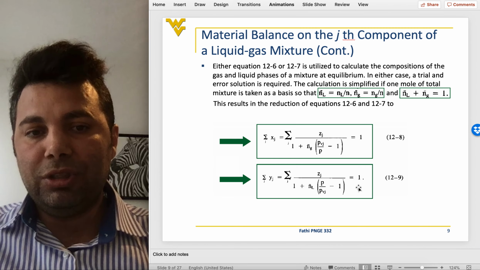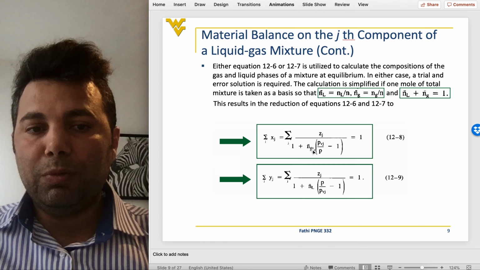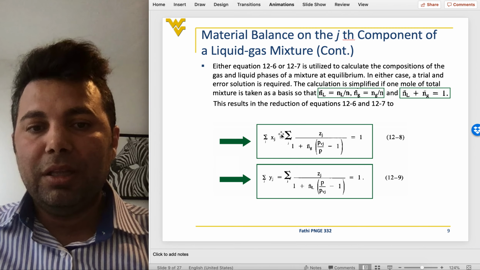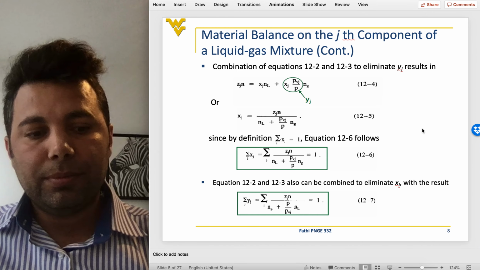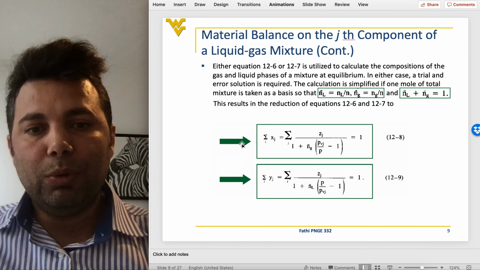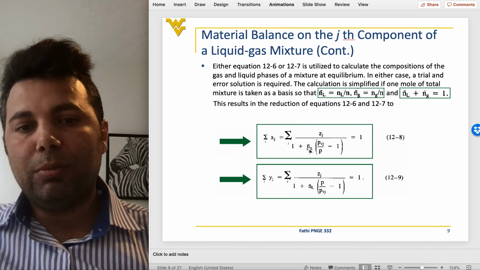If I have this, then I can find the mole fractions of the liquid, which for every component is equal to the composition of that component in the total mixture divided by 1 plus Ng times PV of that component over total P minus 1. Now that I have Xj, I can simply find Yj because Yj was equal to Xj times PVJ over P. If I have Ng, the number of moles in the gas, 1 minus that is the number of moles in the liquid.